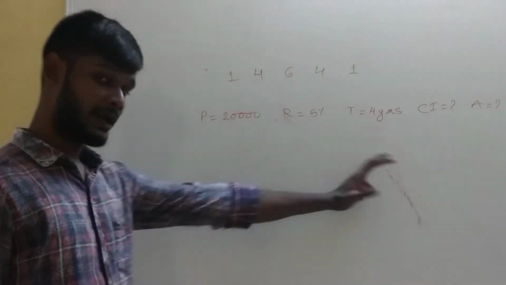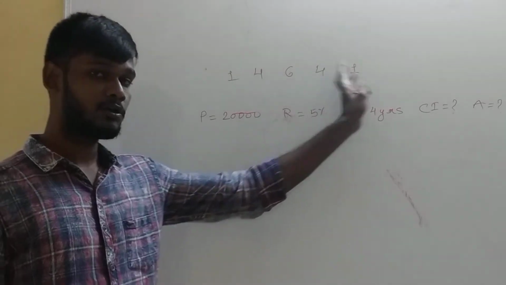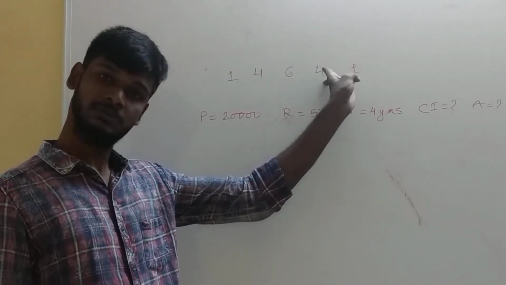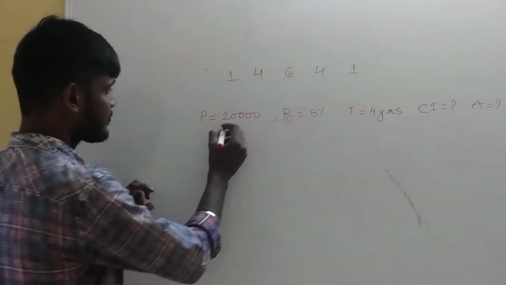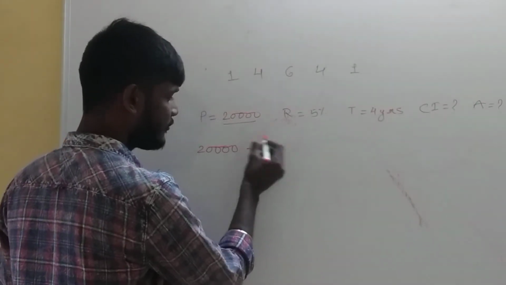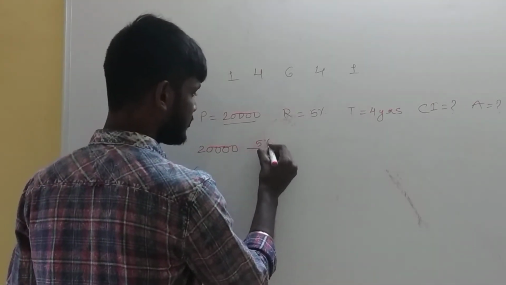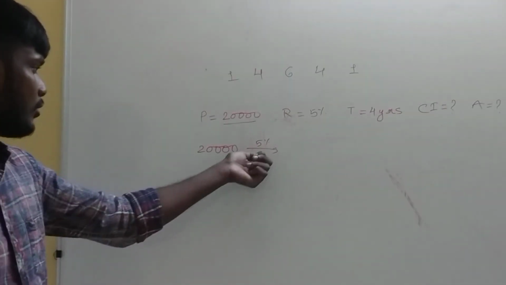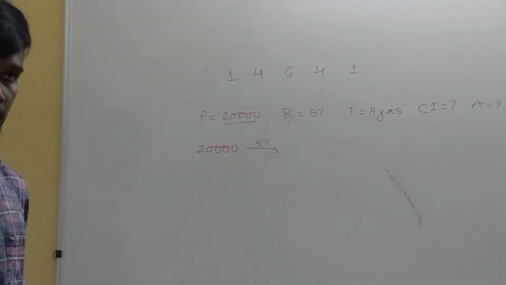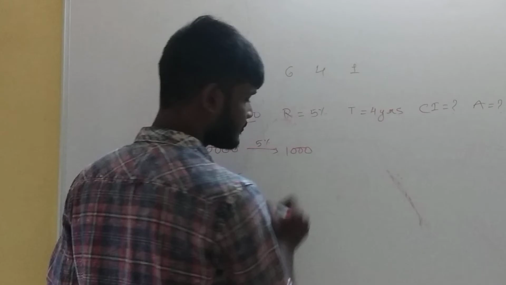Remember how I am writing and how I am putting those values with respect to these numbers. Now 20,000, 5%. 5% of 20,000 will be 1,000 rupees.